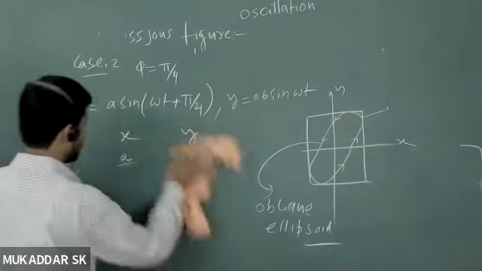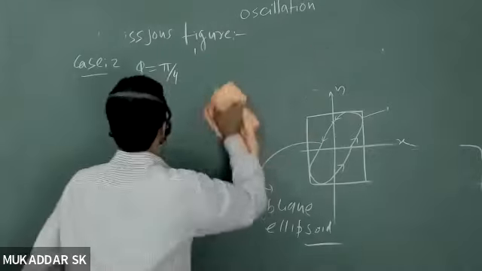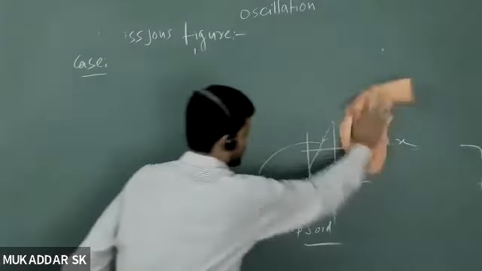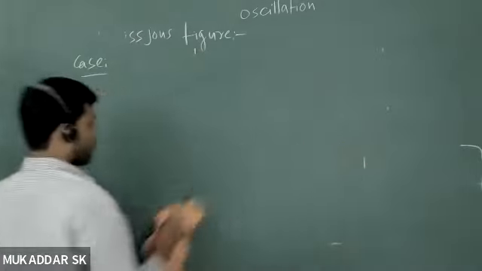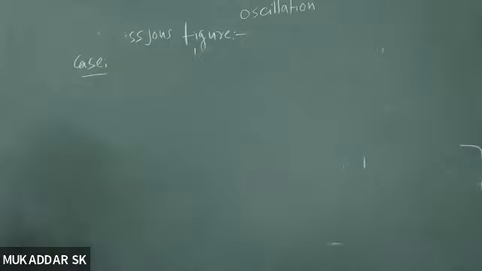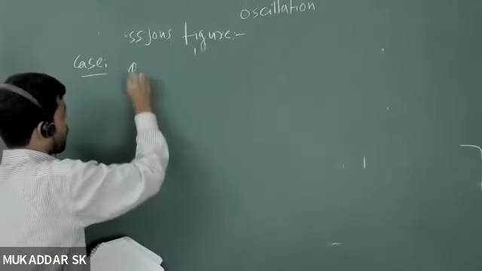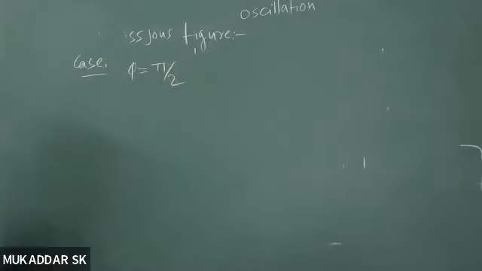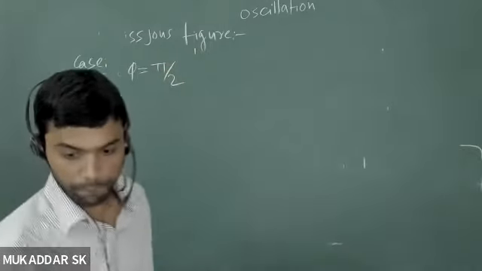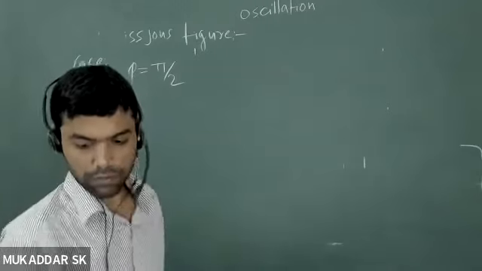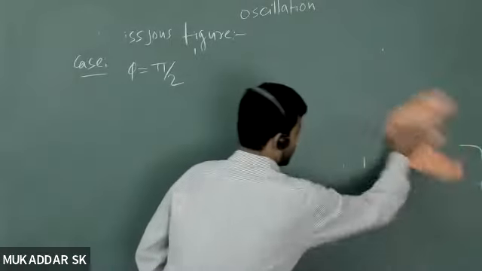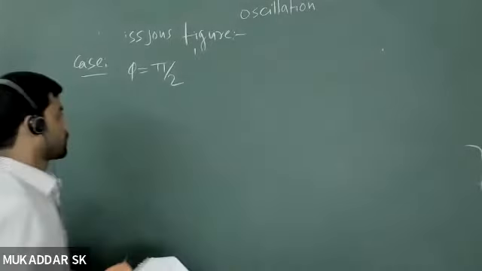Now case number 3. Case number 3 is when phi equals pi by 2. Now what will be the situation? If phi equals pi by 2, you get x square upon a square plus y square upon b square equals 1.